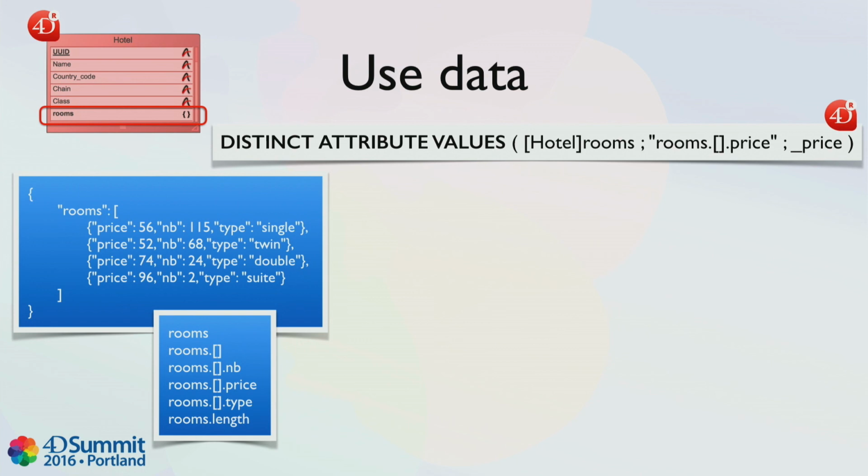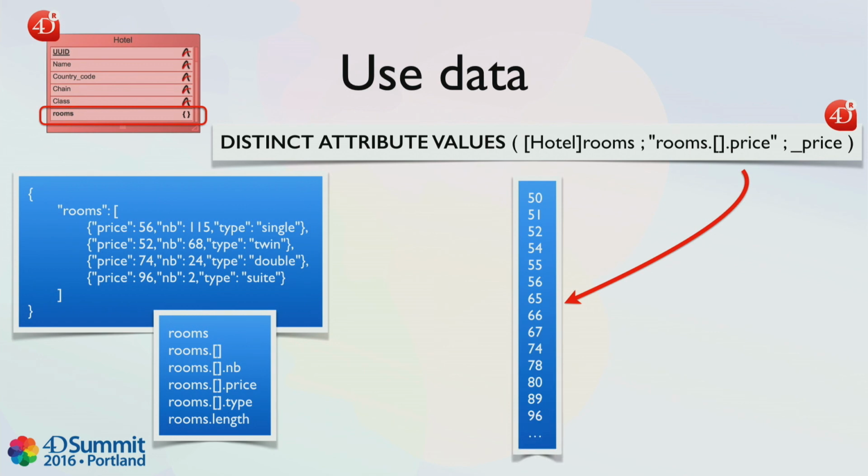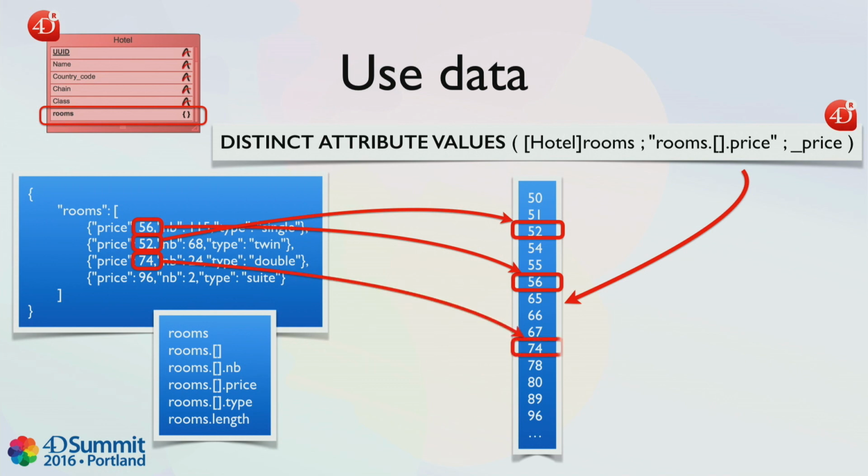With the blue version, distant value, rooms dot array dot price into an array of price. The result is here. We have 56 and 52, 74, 96.